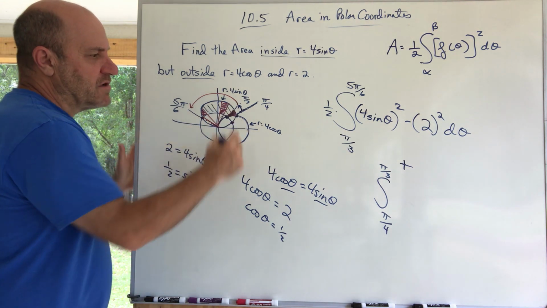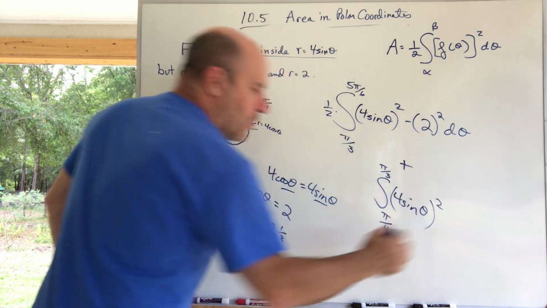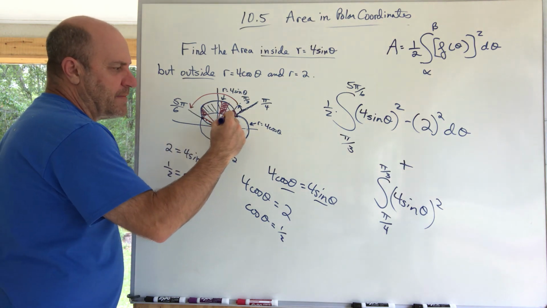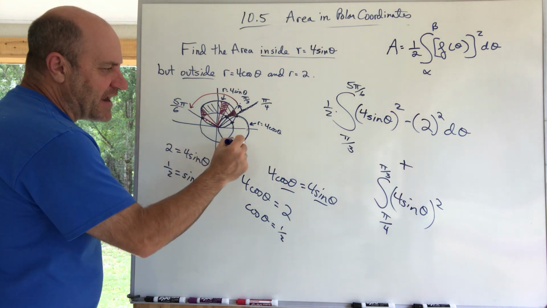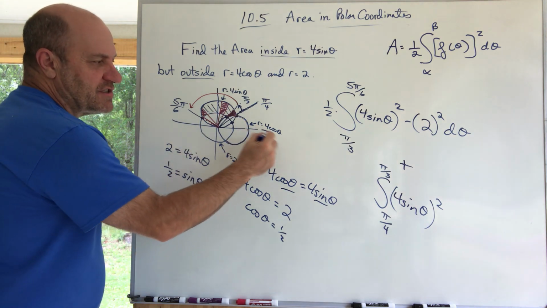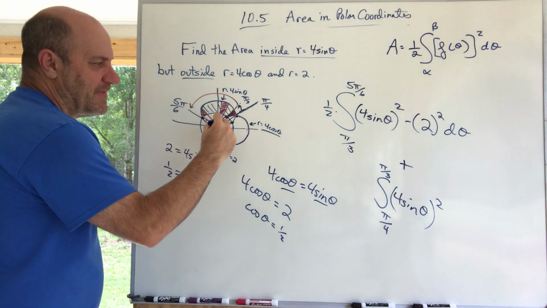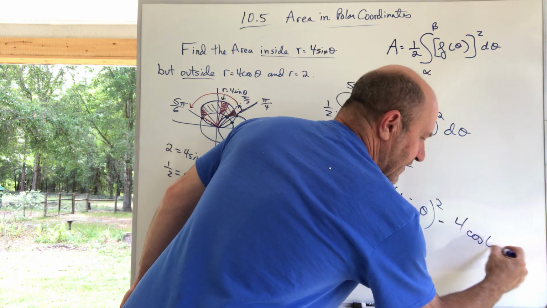I'm going to hit 4 sine theta squared, but there's some stuff I don't want. When I sweep out a sector, I get all this stuff here I don't want. So who am I subtracting out? I'm subtracting out this curve, the 4 cos theta, right in there. I'm subtracting out the 4 cos theta squared.